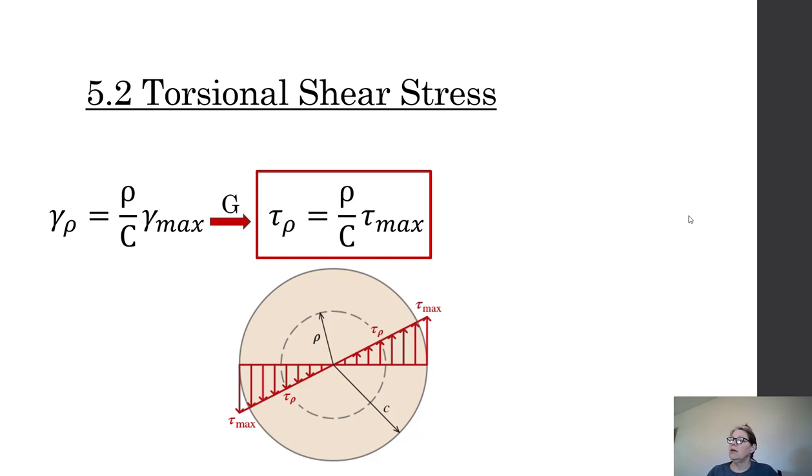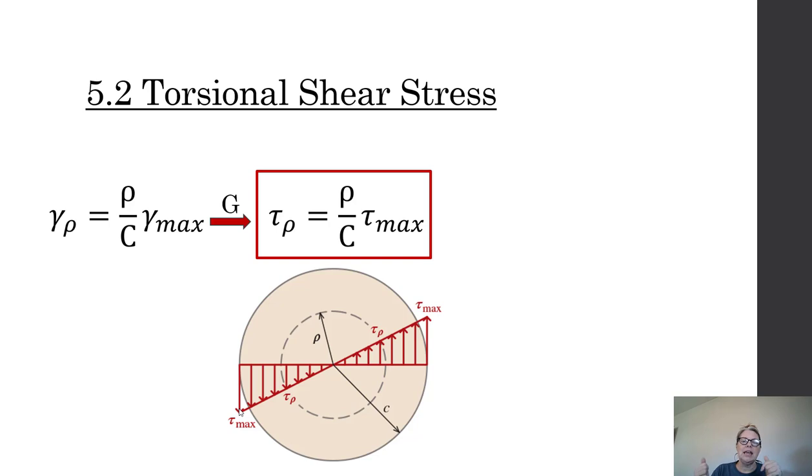So as I'm applying a torque, a torsional moment, a moment about itself, at the center, where radius equals 0, we have 0 stress, and it increases linearly to the outside fiber.